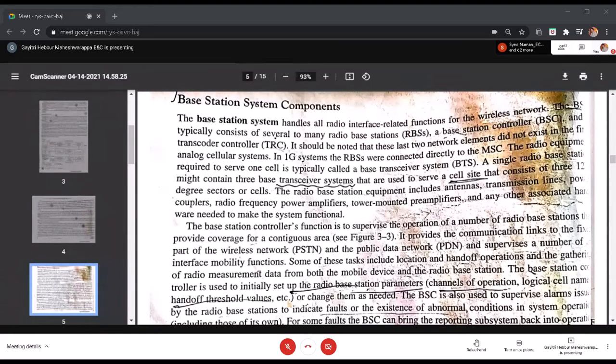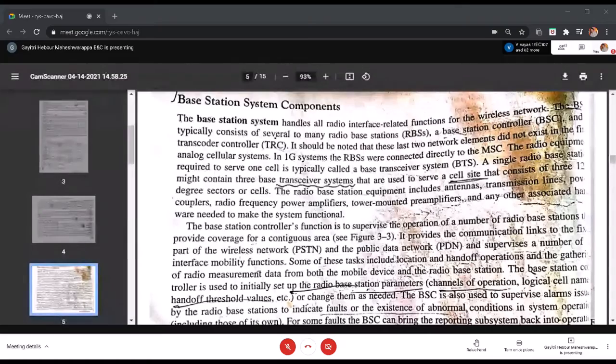Those are the antennas placed on the tower, so from there we need to amplify the signal, and we connect it to the base station controller and any other hardware needed to make the system functional. So the base station system is mainly the antennas, power couplers, amplifiers, and radio frequency power amplifiers. These combinations of hardware units we call the base station.